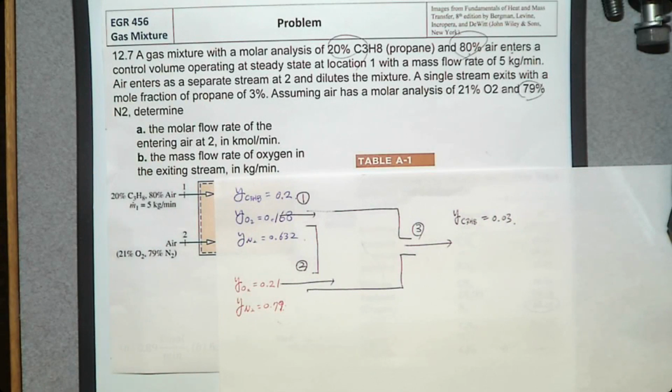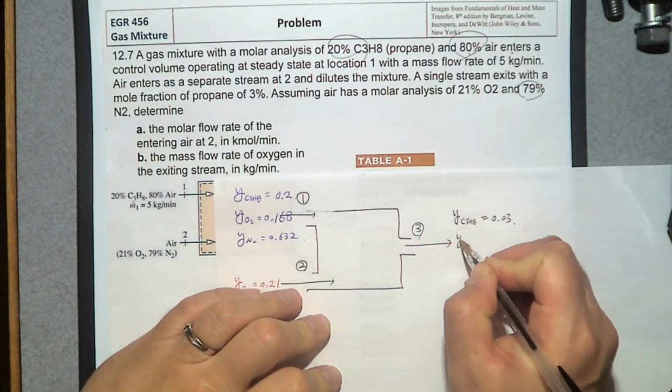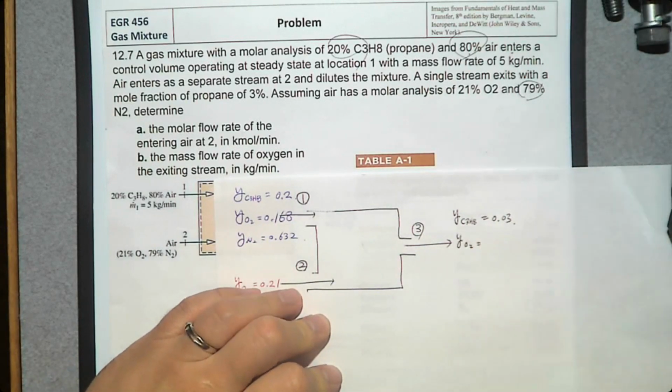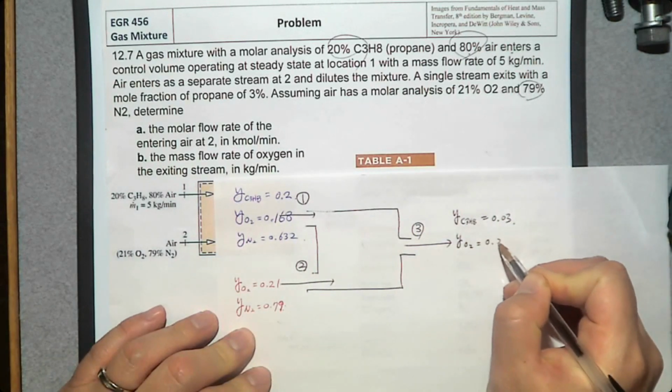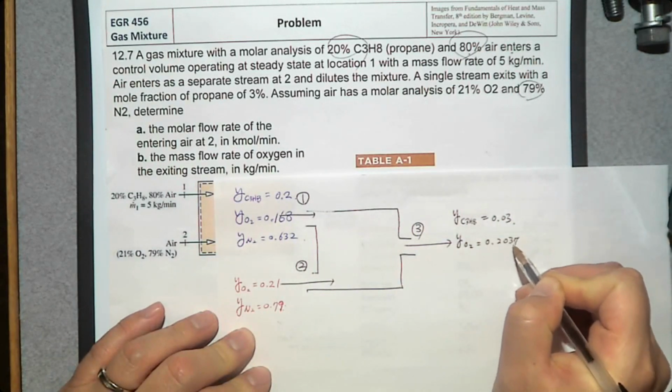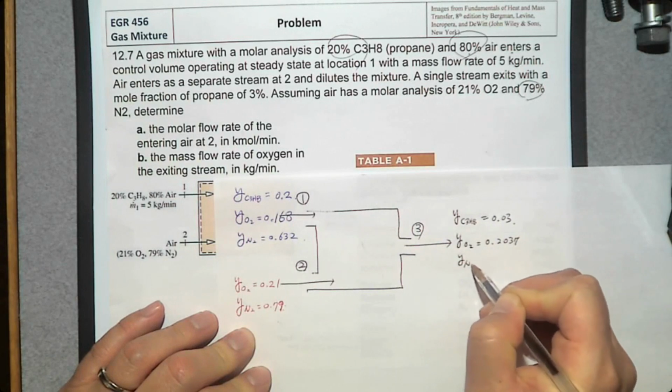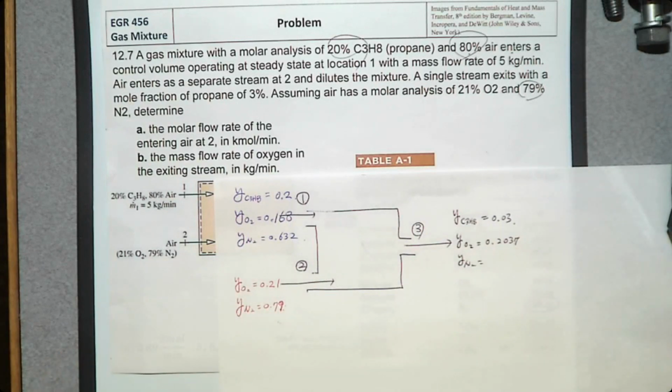So oxygen is going to be 21% of 97%. So Y of oxygen is going to be 21% of 97%, 0.2037. And the mole fraction of nitrogen is going to be 79% of 97%.